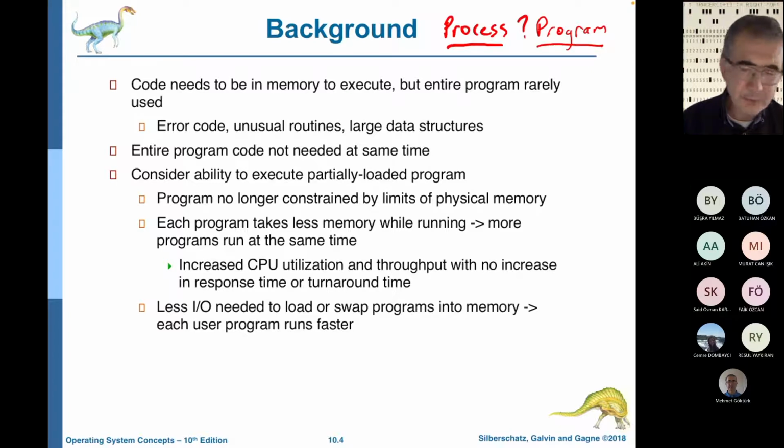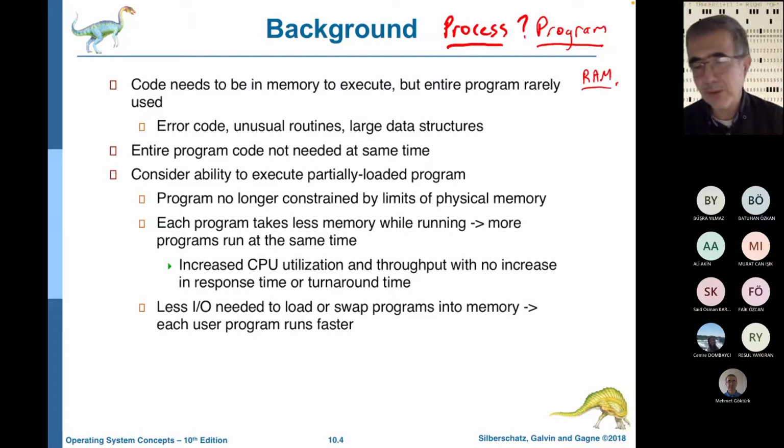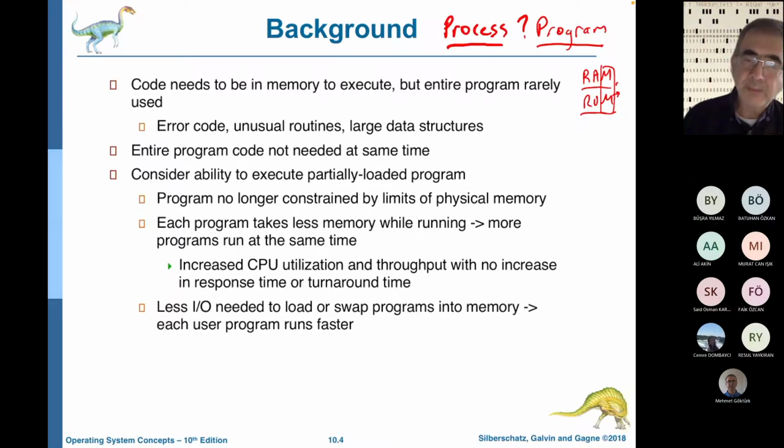And in order for a computer to execute a process for a particular time, it has to be in the random access memory, or accessible memory; it could be in read-only memory as well. The code needs to be in memory to execute.